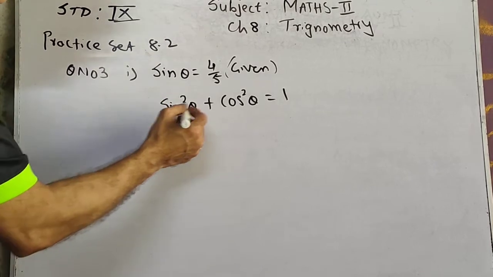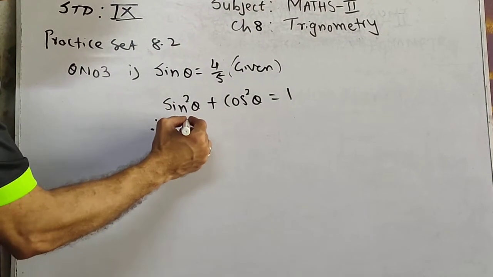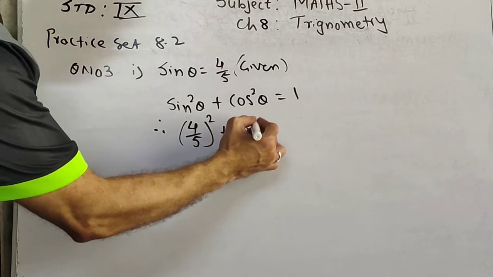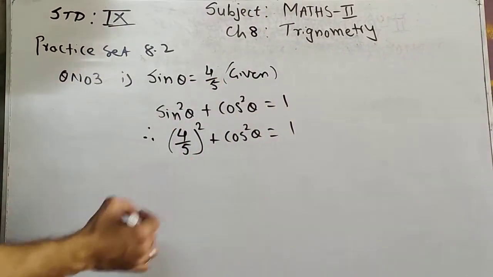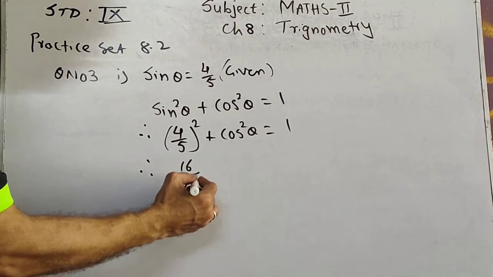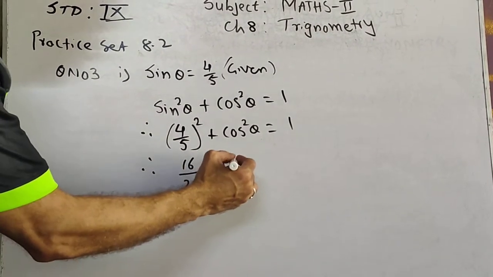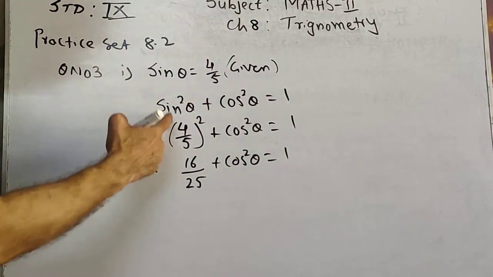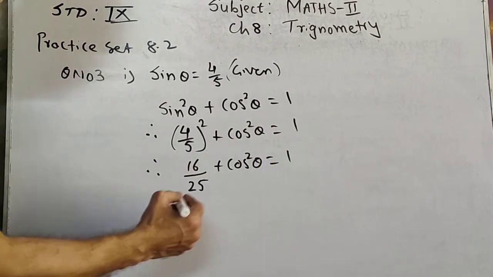So sin theta is 4 upon 5, the whole square, plus cos square theta is equal to 1. 4 square is 16, 5 square is 25, plus cos square theta is equal to 1. You have to do the square. This will go there, becomes minus.